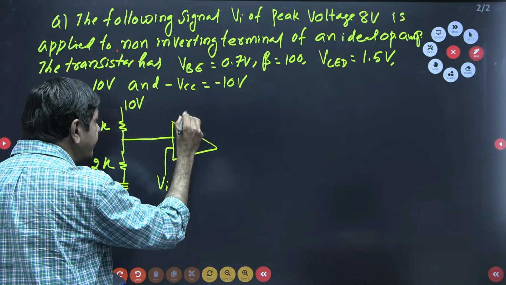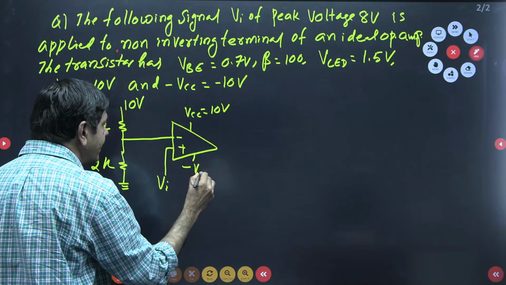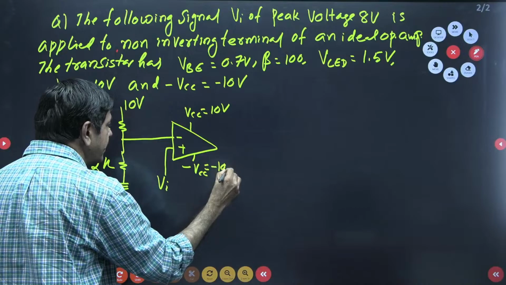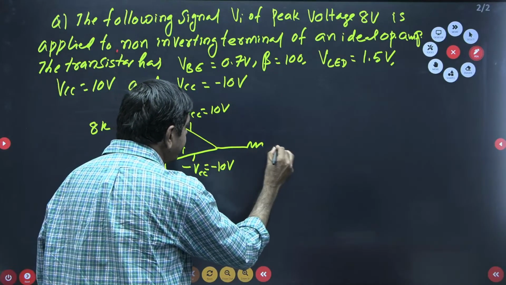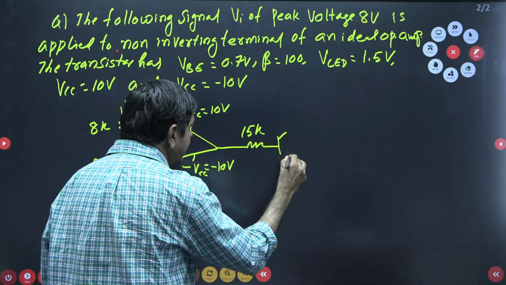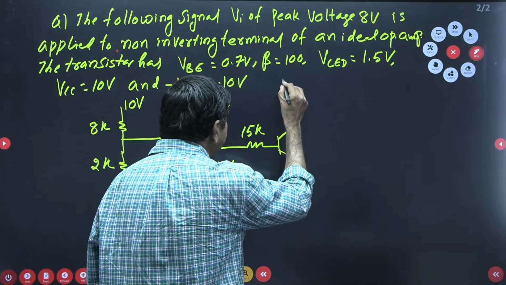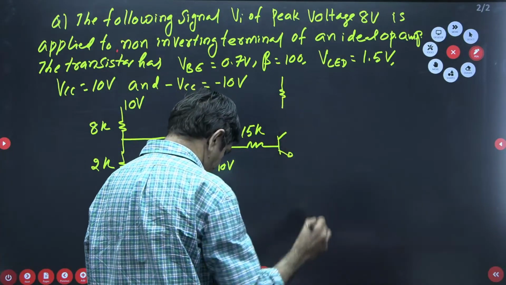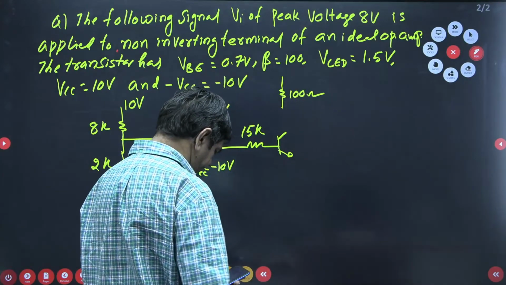Here VCC equals 10 volts and minus VCC is minus 10 volts. A 15K resistor is connected here. There is one transistor connected to the LED with a resistance of 100 ohms and connected to 10 volts.